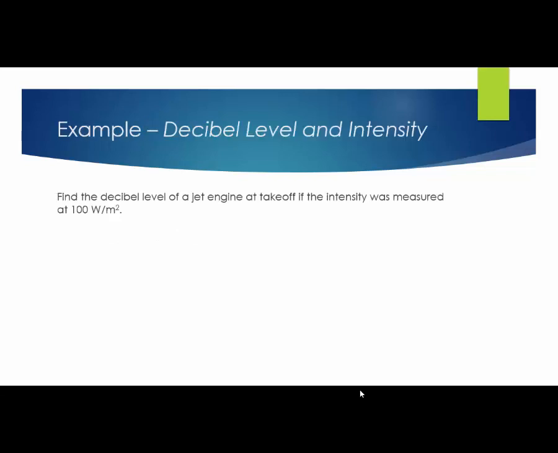Let's find the decibel level of a jet engine at takeoff if the intensity was measured at 100 watts per square meter. Our formula was 10 times the logarithm of I over I naught, where I naught is 10 to the negative 12 watts per square meter. We measured 100 watts per square meter for I, my new intensity.